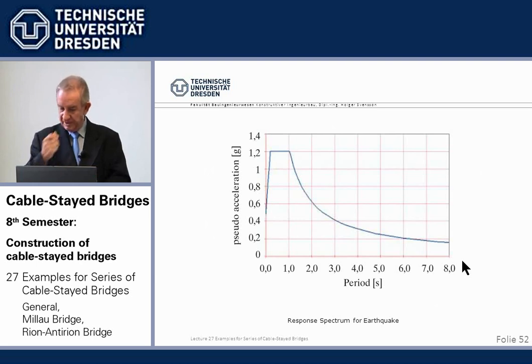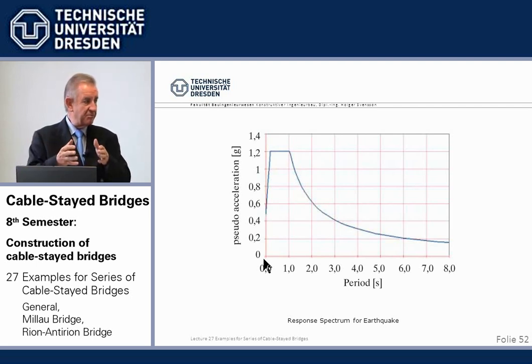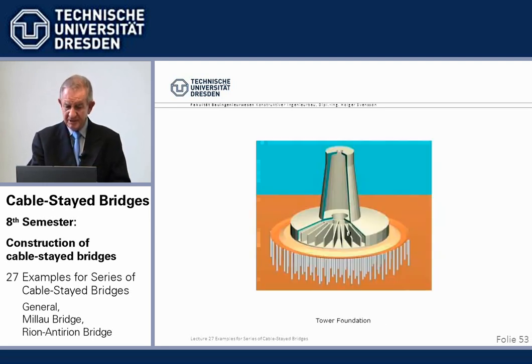And of course, that varies quite a bit with the periods in which the earth shakes. Even for the same acceleration, it depends how close we come to the eigenfrequencies of this pendulum. So, just to make you understand what we talk about if we talk about a response spectrum, that's what it is. It's quite high.